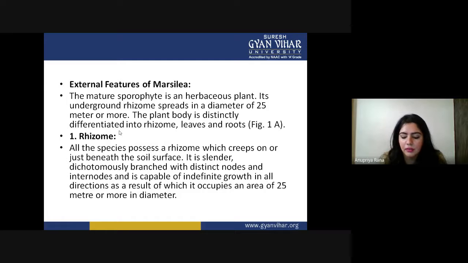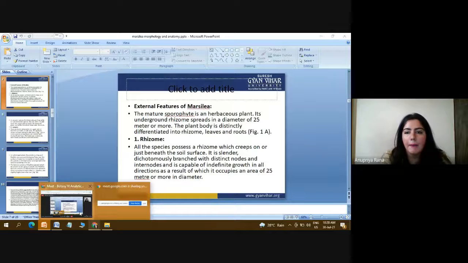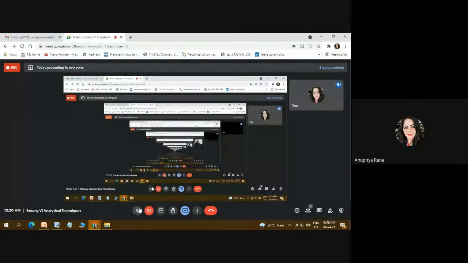It is capable of indefinite growth in all directions, as a result of which it occupies an area of 25 meters or more in diameter. So it is cylindrical and dichotomously branched, and transportation can be very easy with this kind of structure.